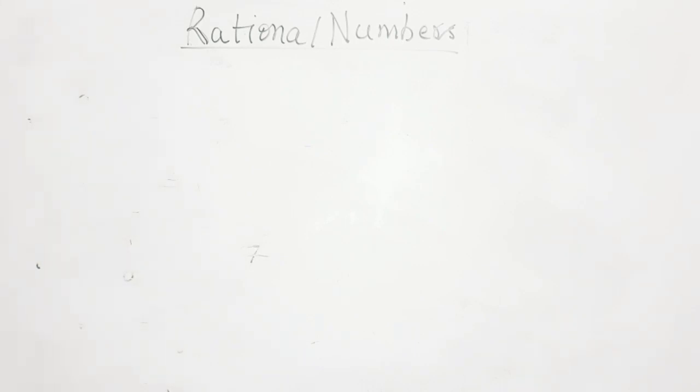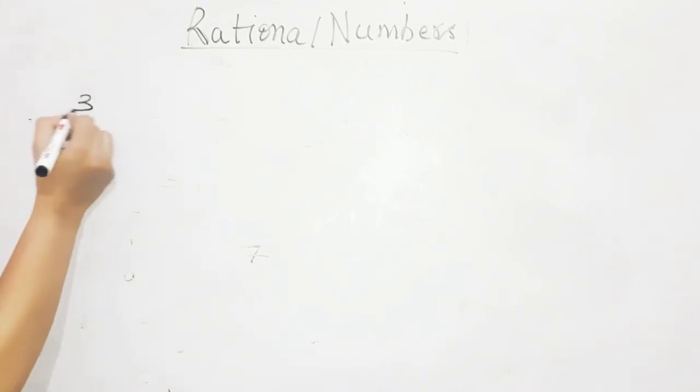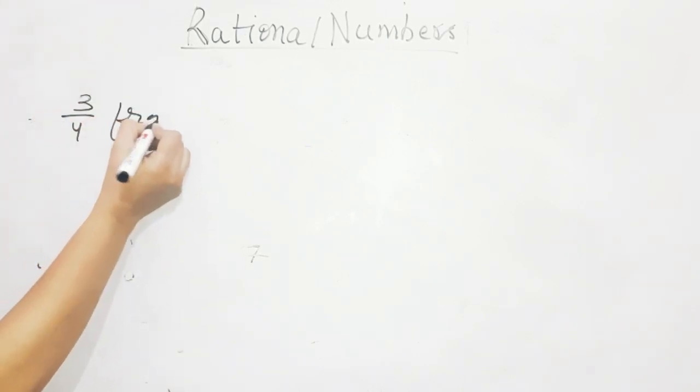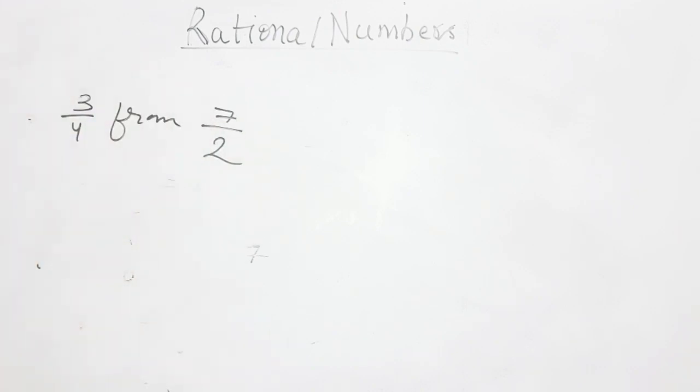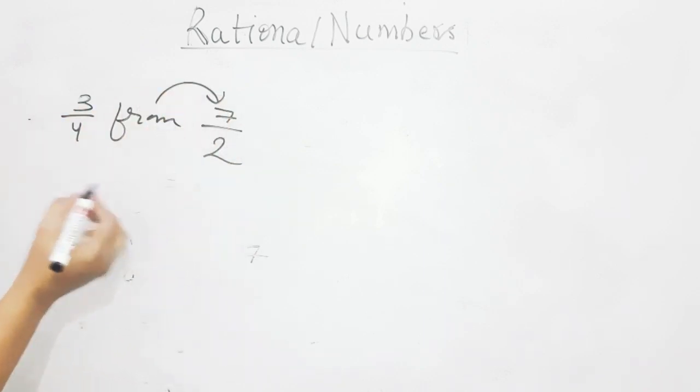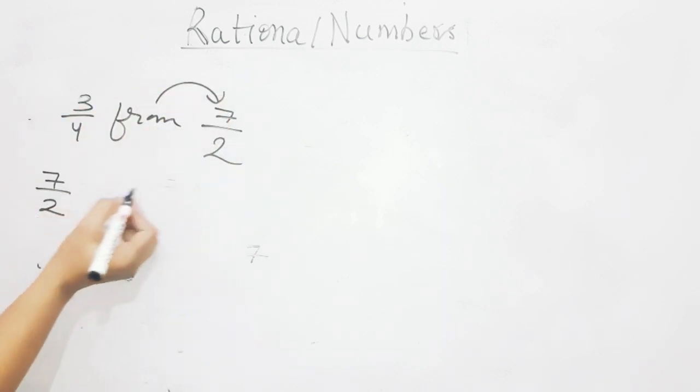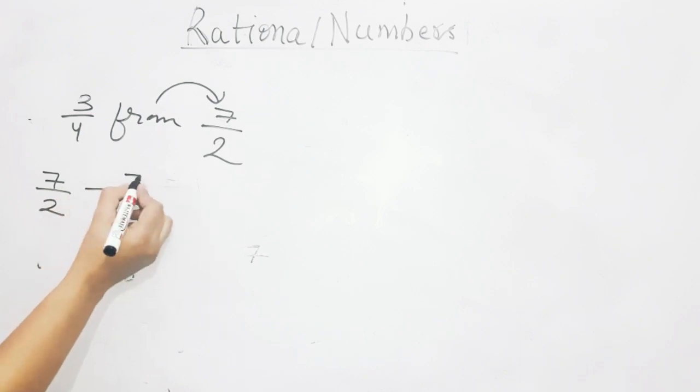Like if I want to subtract 3 by 4 from 7 by 2, right? How will I subtract? The number after 'from' will be taken first, okay. From 7 by 2, what do you have to do with 3 by 4?